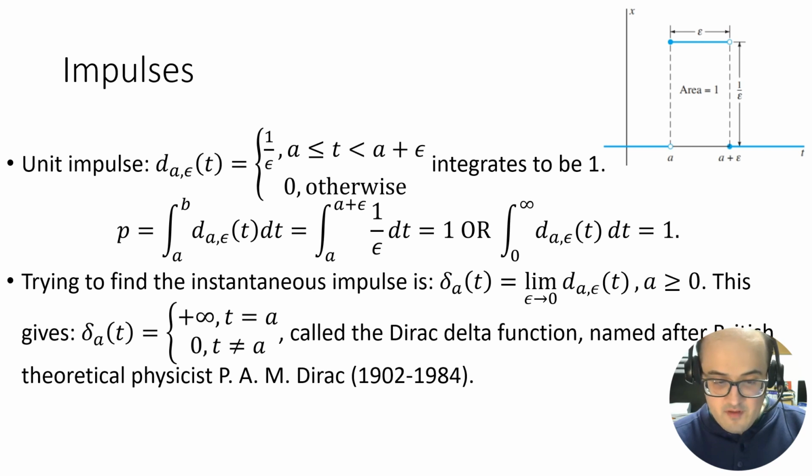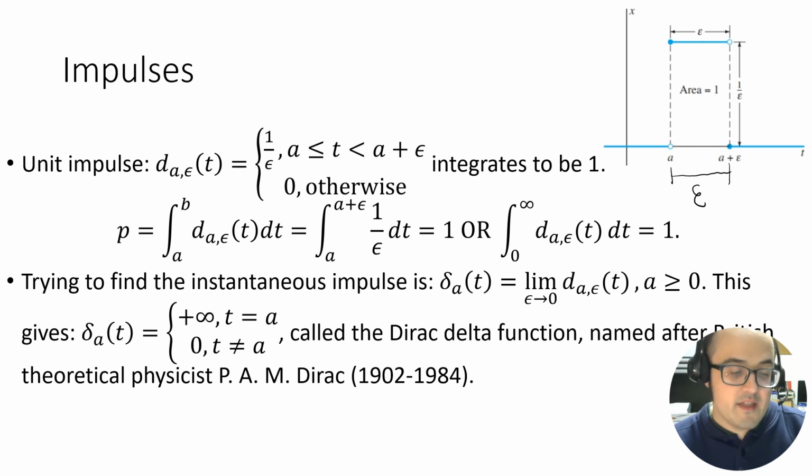The interval from a to a plus epsilon has a width of epsilon, so based on this region we have graphed, the area is epsilon times 1 over epsilon. So it gives that area of 1.